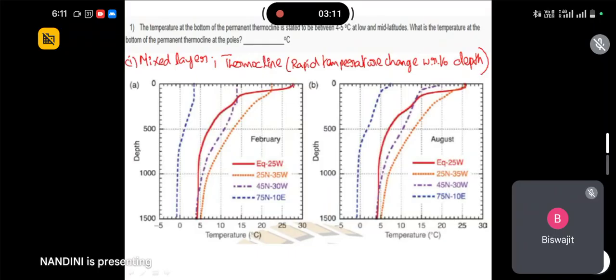Below that we have the thermocline, where there is a large temperature difference with respect to depth. And below that we have the deep layer, where the temperature and salinity values are uniform with respect to depth.